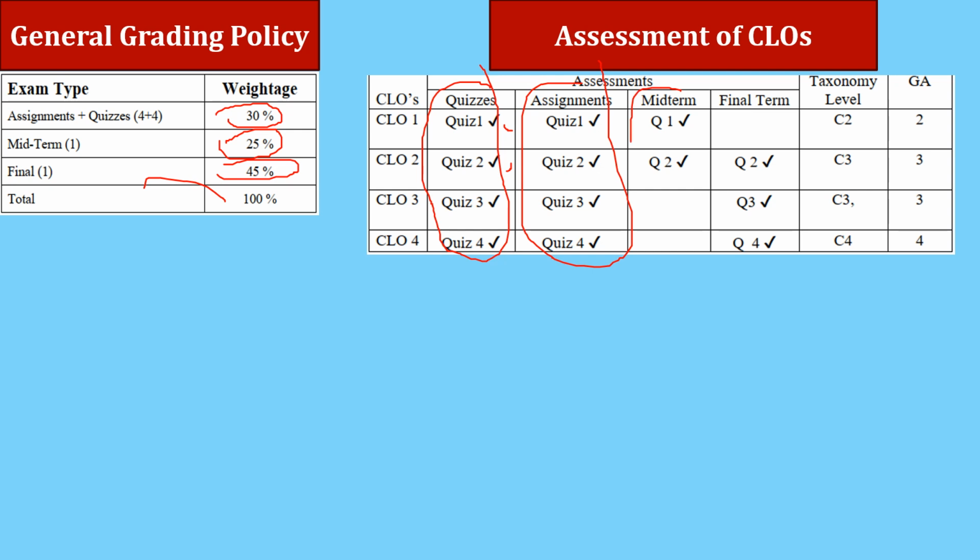Midterm only CLO 1 and 2, and final term we have CLO 2, 3, 4. And these are the taxonomy levels, and similarly the graduate attributes.